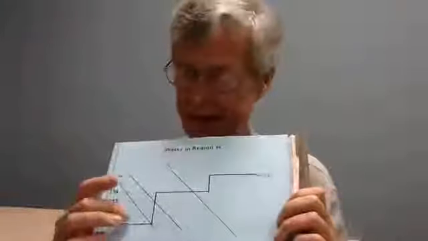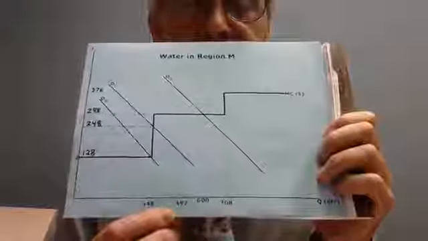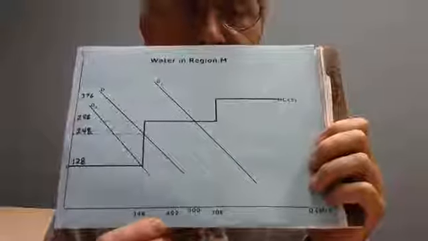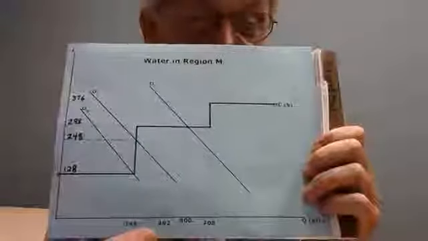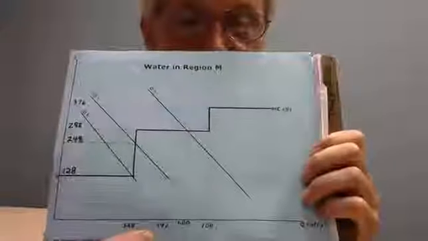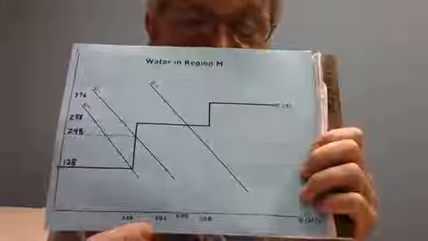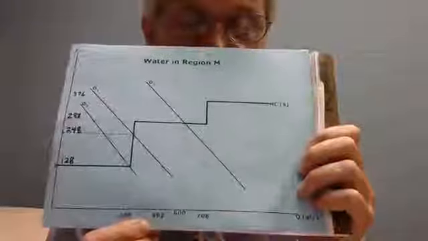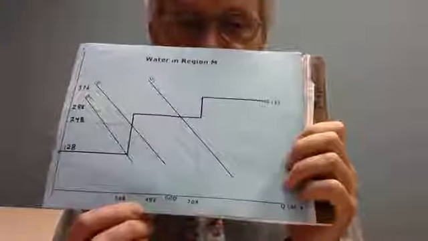Oops. See, now at that $128, we have a shortage. Bring that graph back up here. With demand D1 and still a $128 price, because that's what it costs to deliver the water, the quantity demanded is 492, and the quantity supplied is only 348, and so we have a 144 shortage.